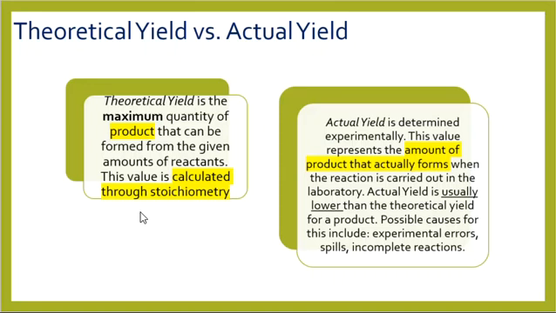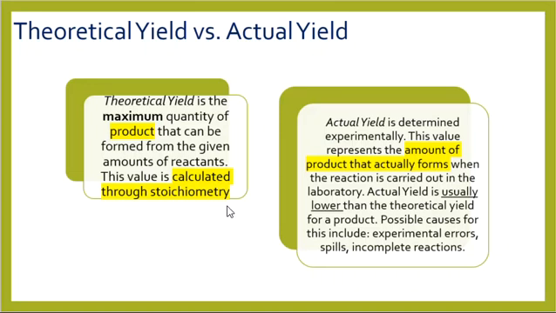Theoretical yield represents the maximum amount of product that can be formed given a certain amount of reactants. This value will always be calculated through stoichiometry. Very rarely will you be given this value.